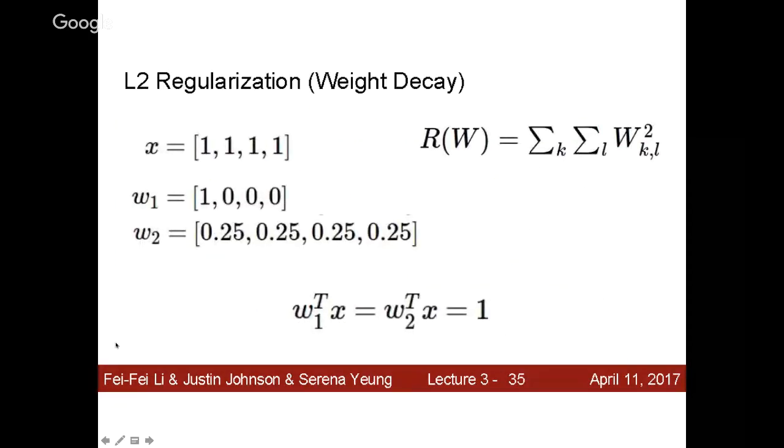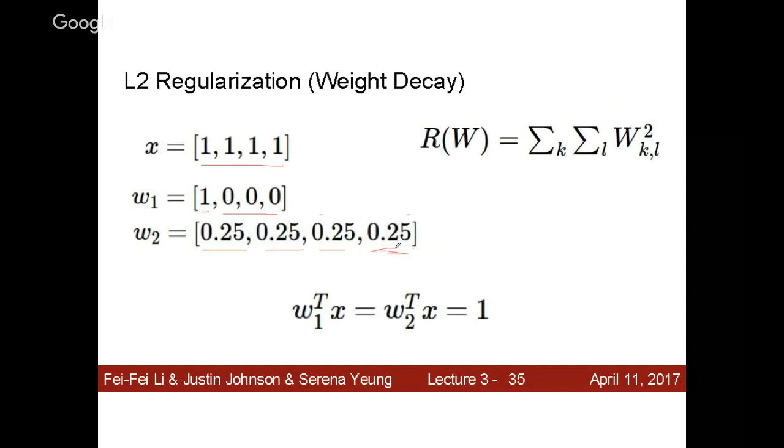Okay, so let's take a look at a sample so that we can understand where we're going with the idea of regularization, and it will motivate the second part of the lecture. Let's pretend we have some x values. I have 4 pixels, and they all have the value 1. Then I have a weight vector W1 where the first component is 1 and the rest of them are 0, and a W2 which has the same sum: 0.25, 0.25, 0.25, 0.25.